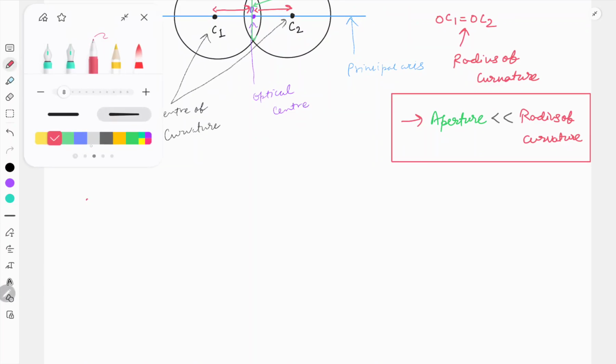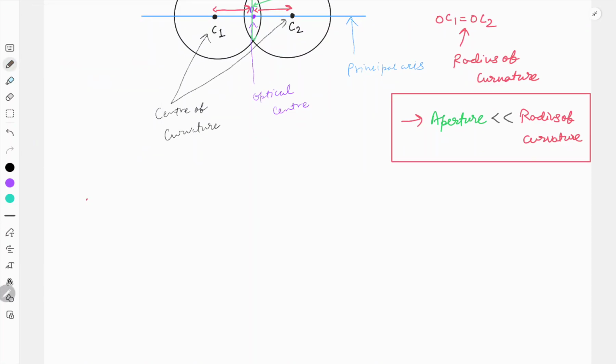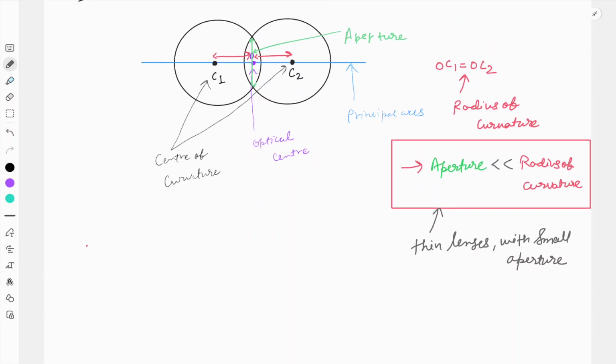So what are we studying here? We are studying thin lenses. It's not very tall, it's quite thin, with small aperture. And why is that? We'll talk about that in a future video. Okay, now what happens to parallel rays when they are incident on a lens, etc. Right now I'm not going to talk about image formation.